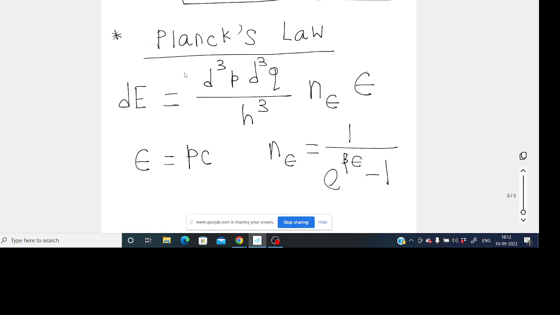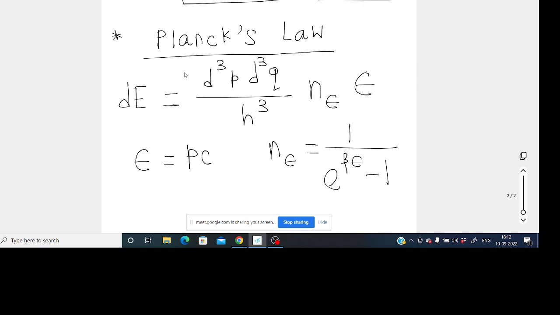Why is there a minus sign? Because the photon is a boson. I have discussed in the previous class that the occupation number for a boson with energy epsilon is equal to this. Okay, and photon is a boson, so it will be like this. And this factor you all know about, right?